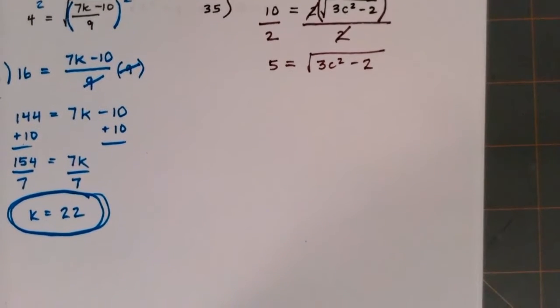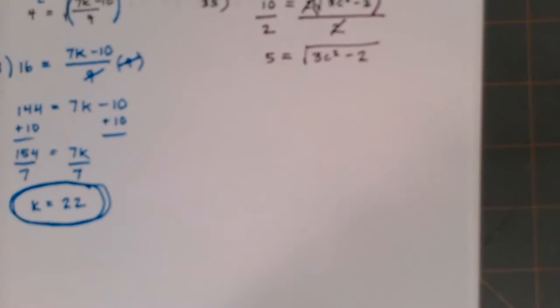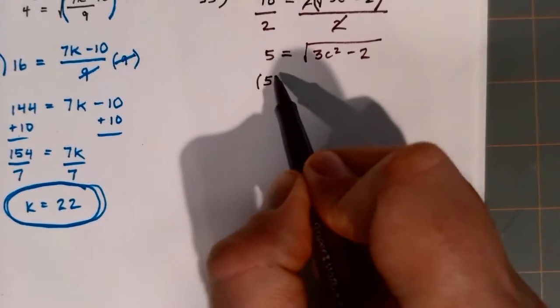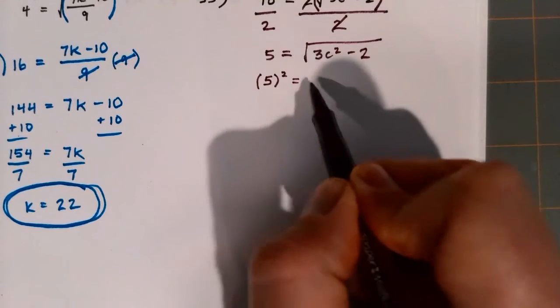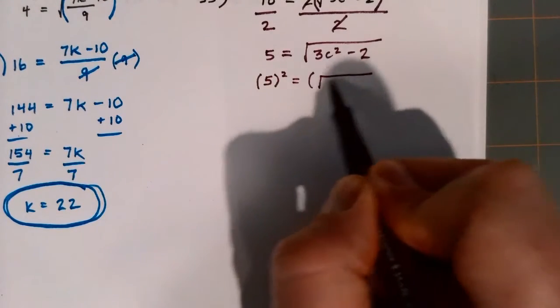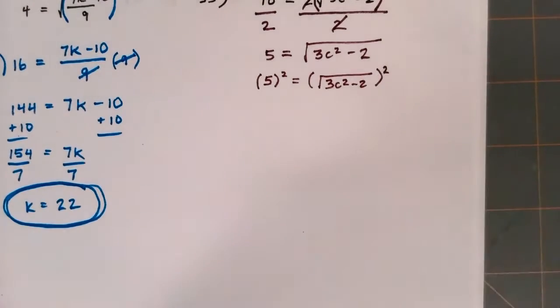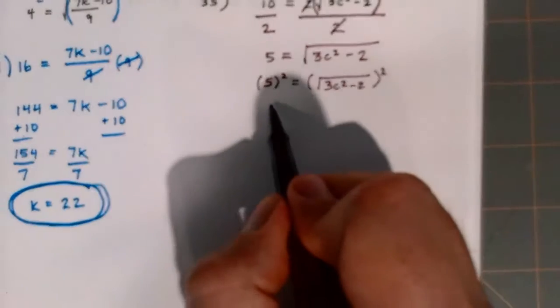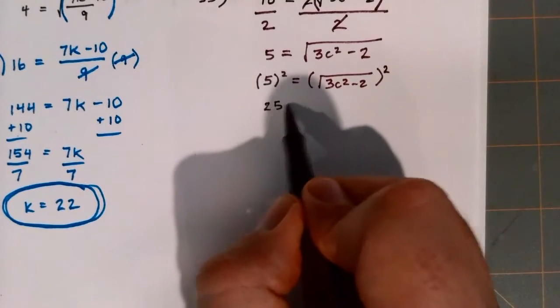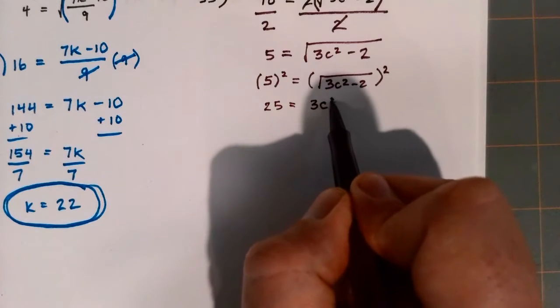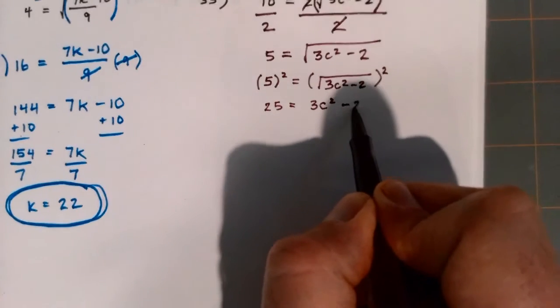Okay? All right, now from here, I would square both sides. I'm actually going to do this extra step just so you don't get confused when you look at your notes. So 3c squared minus 2 squared. So I get 25 is equal to 3c squared minus 2.